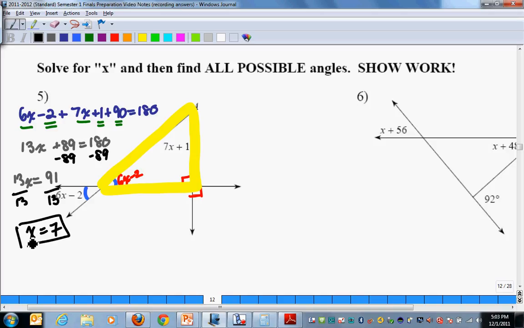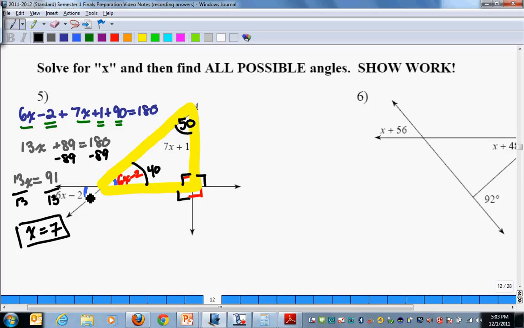Now we're not done because we want to find all possible angles. So here we have 6 times 7 minus 2 is 42 minus 2. This is 40. That's 90. That has to be 7 times 7 plus 1. That's 50. That's 90.